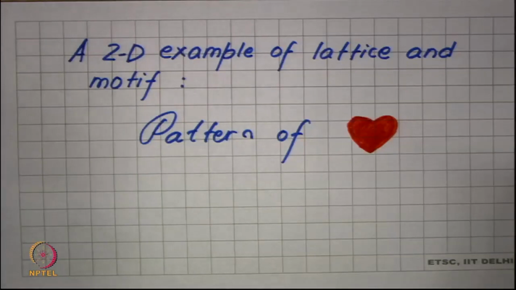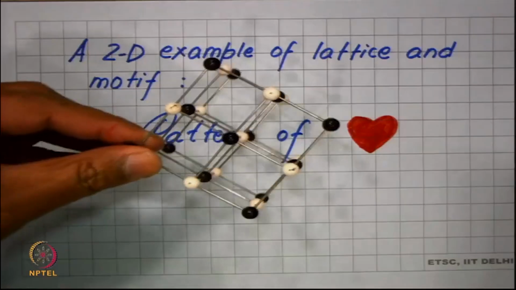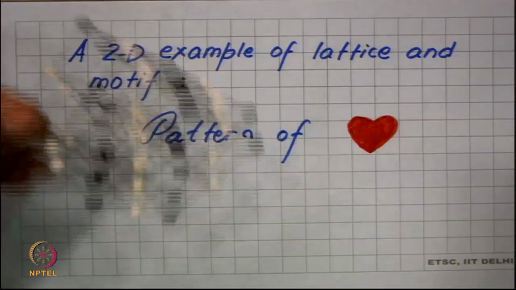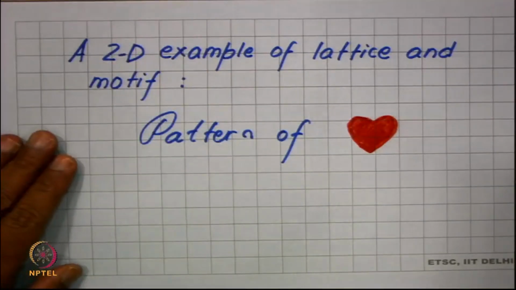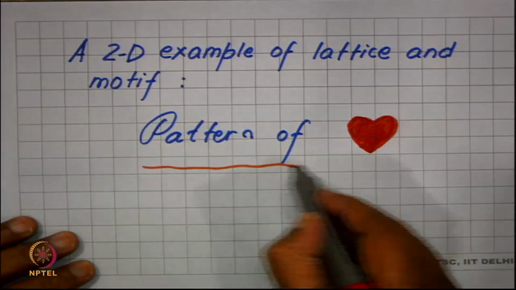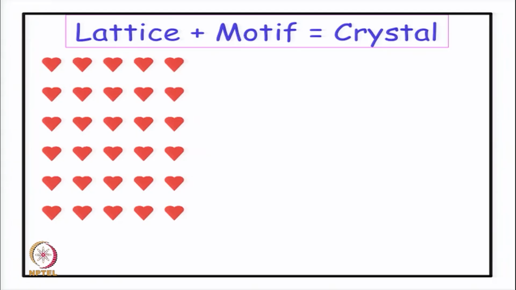So, let us look at a little bit more concrete example. I have already shown you a 3-dimensional model of the sodium chloride crystal, but it is at the moment a little bit more complicated to analyze. So, we will take a much simpler 2-dimensional example, a pattern of hearts. You can see what we are doing here is repeating the hearts periodically in 2 dimensions.